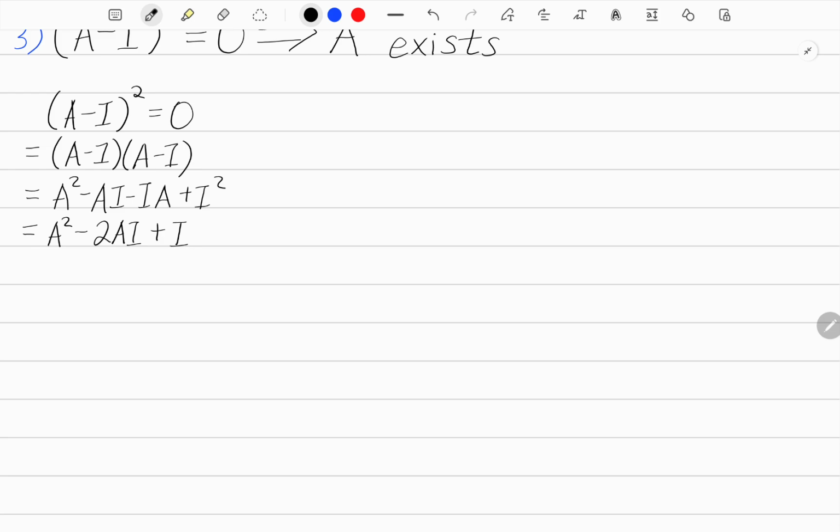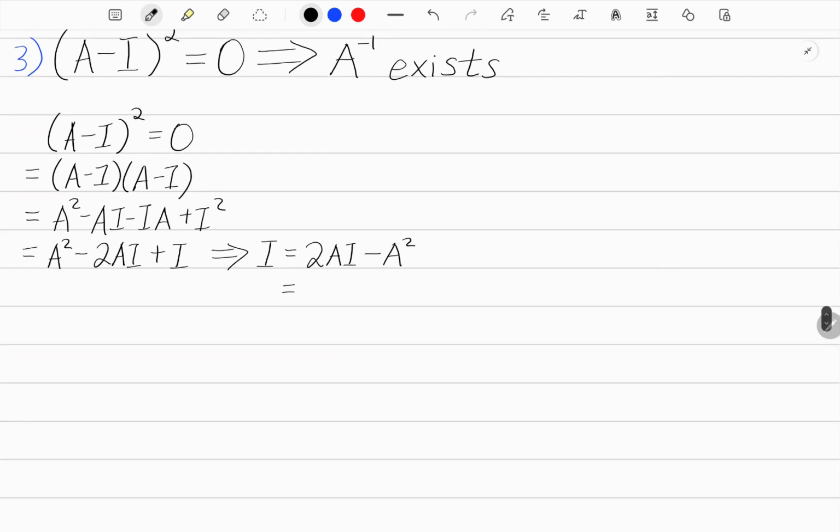So remember, this whole expression is equal to the 0 matrix. If we move the A squared minus 2AI over to the other side, we get I is equal to positive 2AI minus A squared, which equals, if I factor out the A, A times (2I minus A).